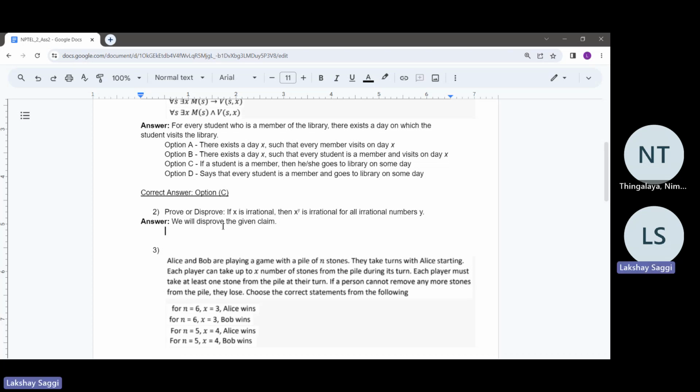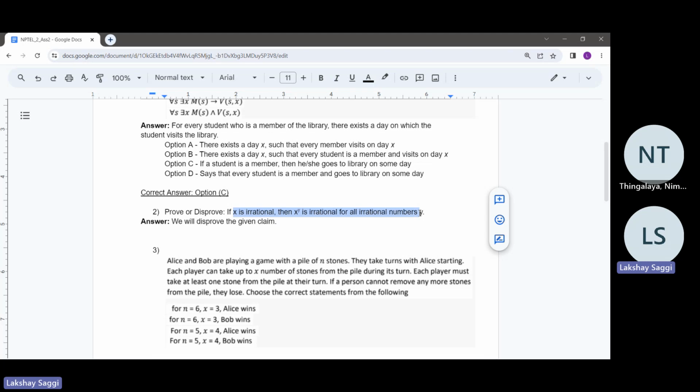So just a heads up. How do we prove something? To prove something, we give a detailed explanation, we basically write a proof of why this thing is correct. And to disprove something, sometimes all we need is just one example where this thing does not hold. So if we can give just one example where this statement does not hold, then we have disproved this statement.